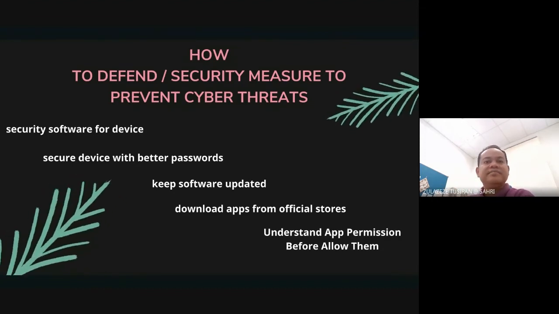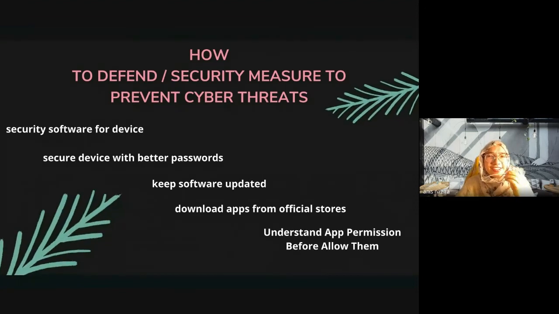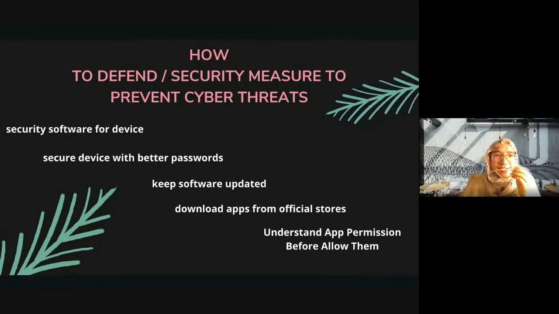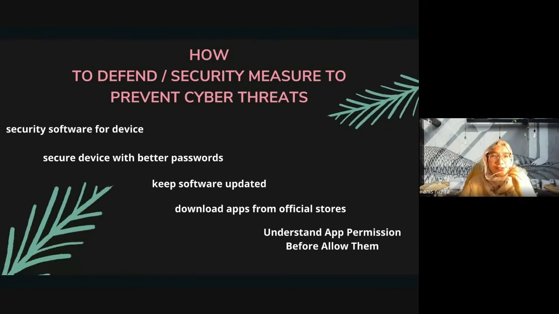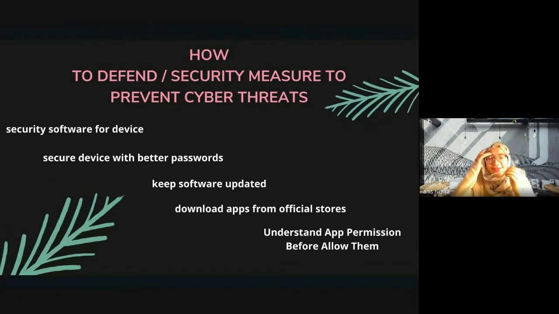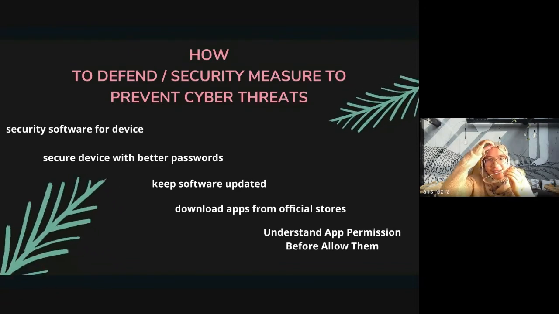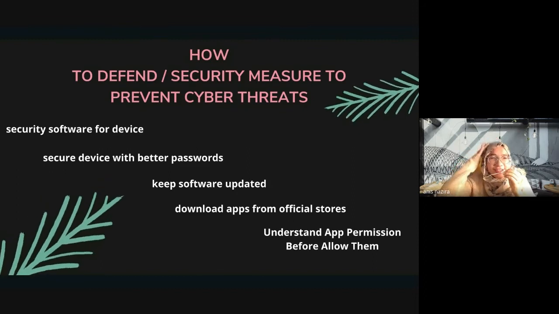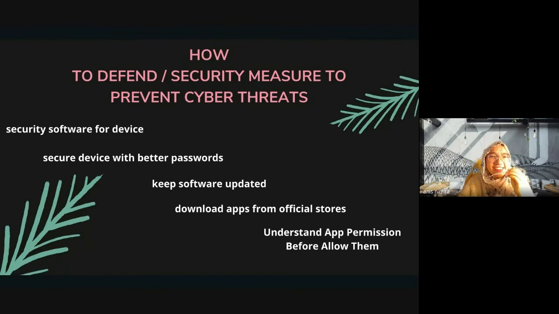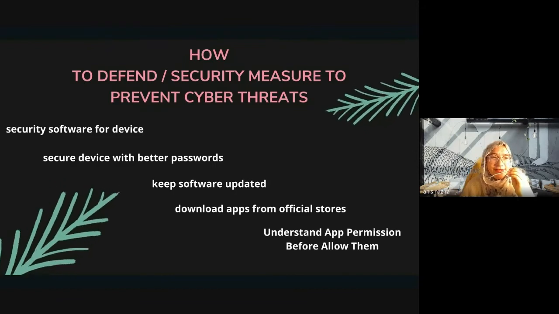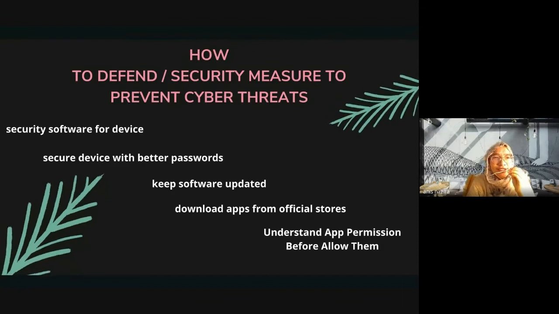Okay, continue. So the security measures to prevent cyber threats: first, install security software for your device. Many of us have no antivirus application on our device, so please install one, because this software can detect any malicious activity such as viruses and trojans that enter our phone.